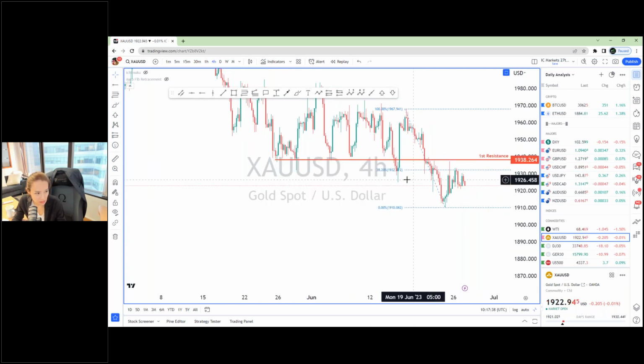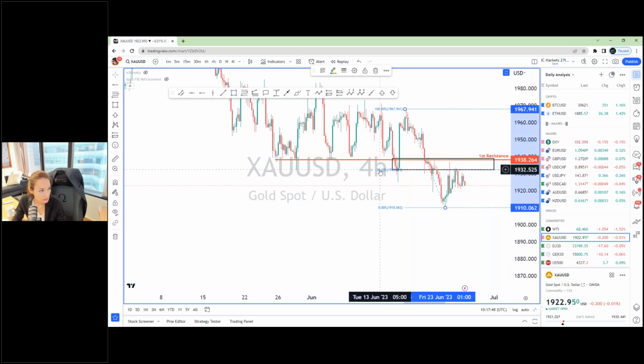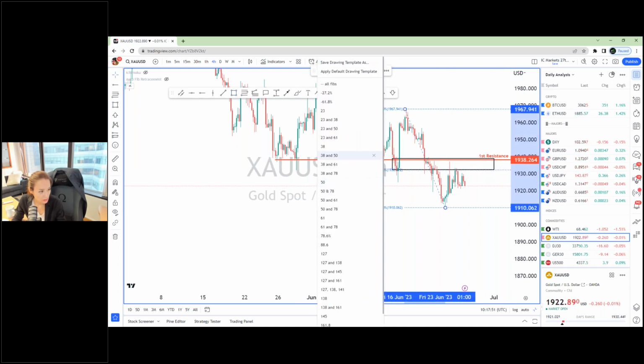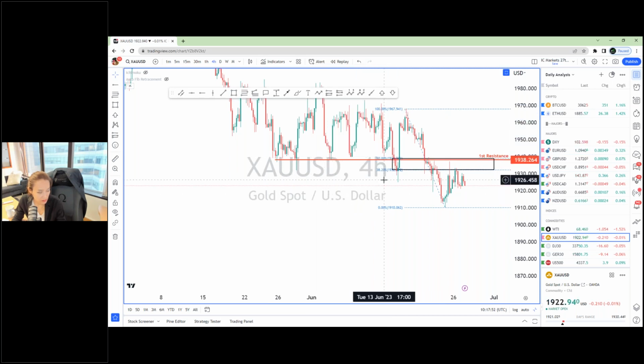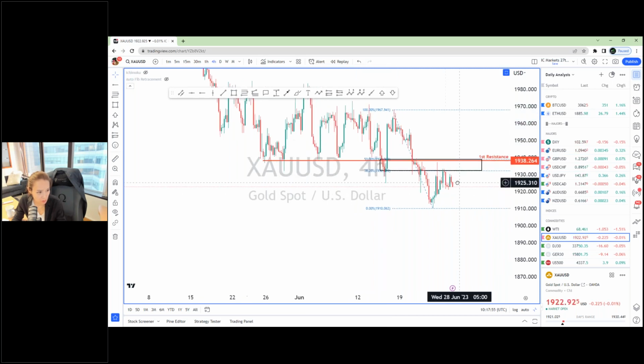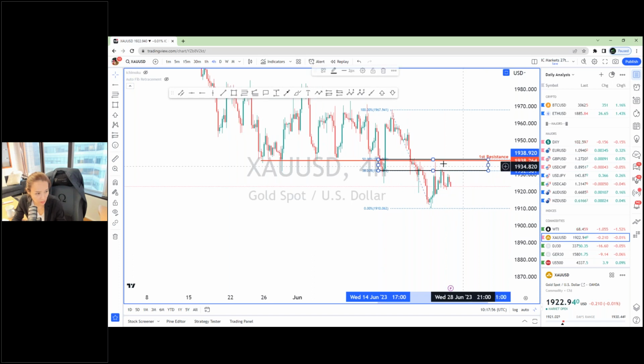When you draw from here, you know that this is quite an important zone. You can see a long wick here, and this should be 50% and 38.2%. This is why when the price comes to this zone, it goes all the way down.